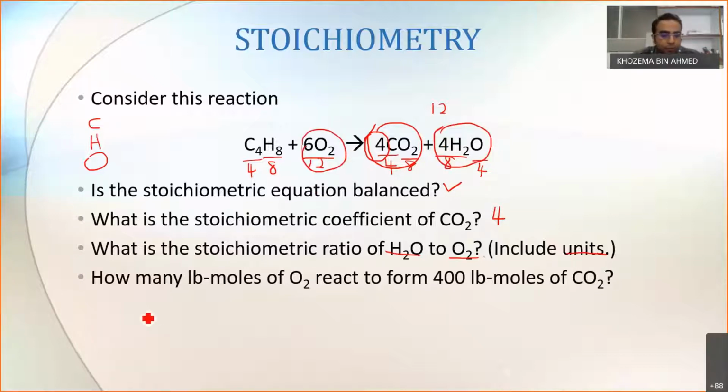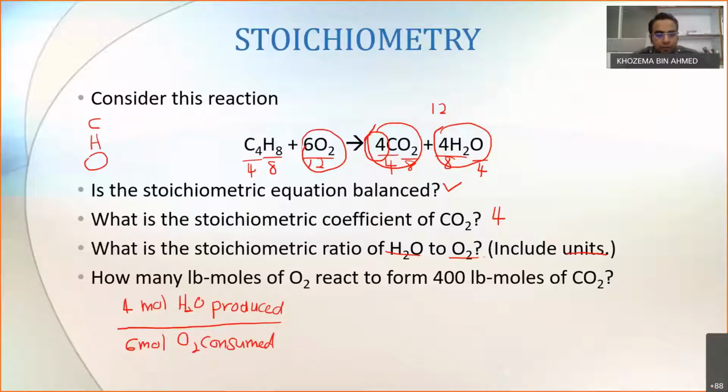So if you were to write, the ratio for H2O is going to be, let's say, 4 mole of H2O produced, because it is on the product side, over 6 mole of O2 consumed.